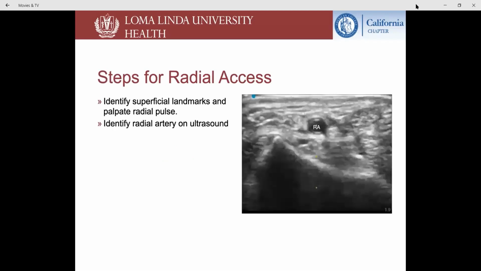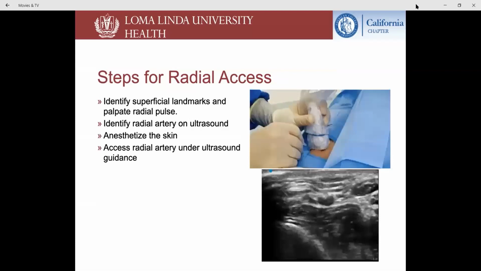Next, you're going to use your ultrasound to find the radial artery. This also allows you to assess, if the pulse is not very palpable, whether the size of the artery allows access through the radial artery, and make the decision before you start poking. So you can transition to femoral access if the artery is non-existent. You can see there, RA, that's the radial artery.